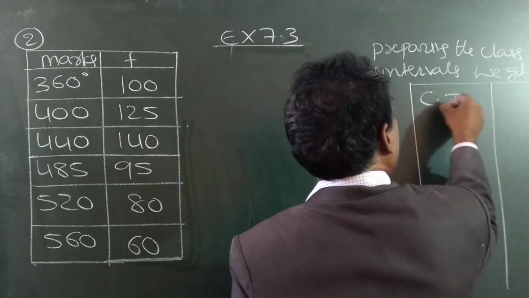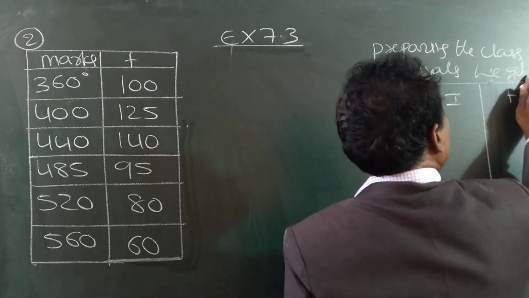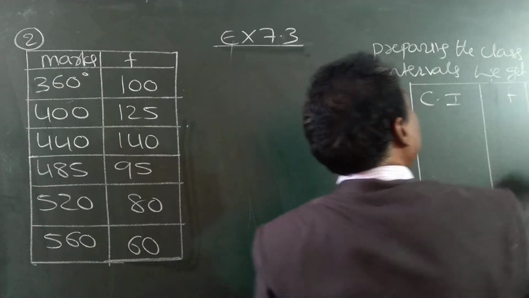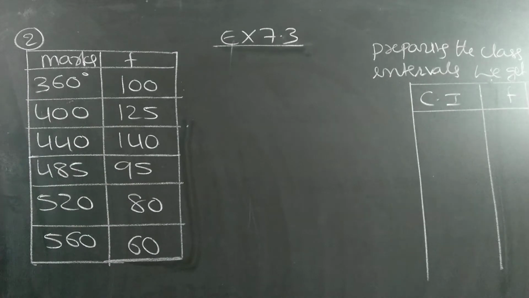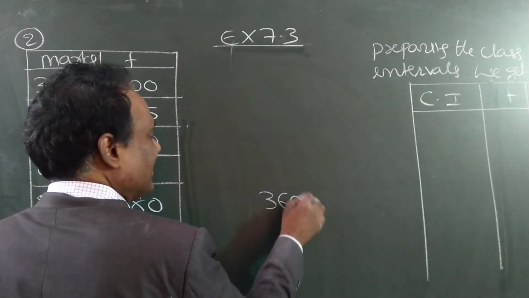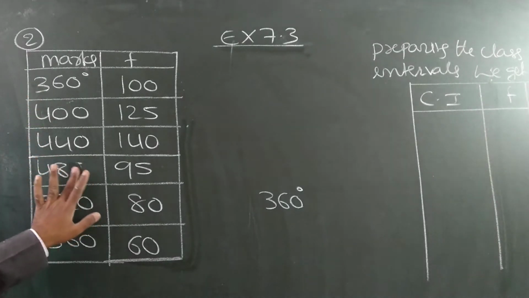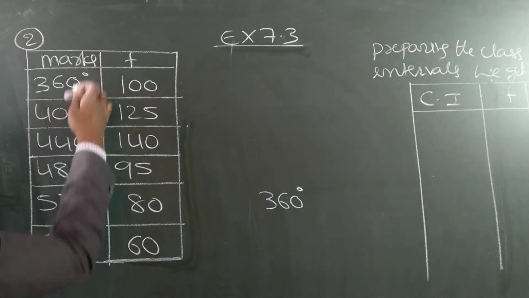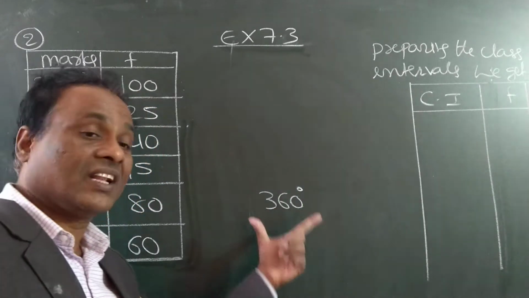Class interval, frequency. 360 is the mid value. What is the difference, friends? 40-40 difference. 360, 400, 440, 480: 40-40 difference. 40 difference means the class interval also has 40 difference.